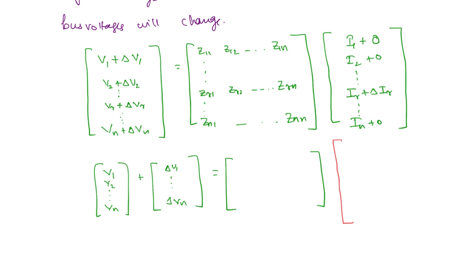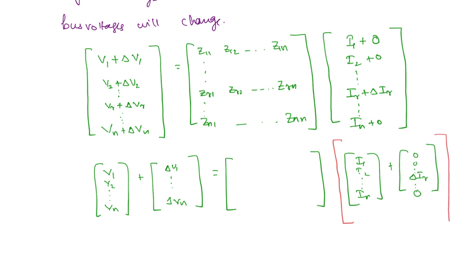What will that be? I1, I2 and so on till In, plus 0, 0 and so on, where the rth element will be delta IR and everything else is going to be 0. This entire thing you are multiplying with the Z bus matrix.